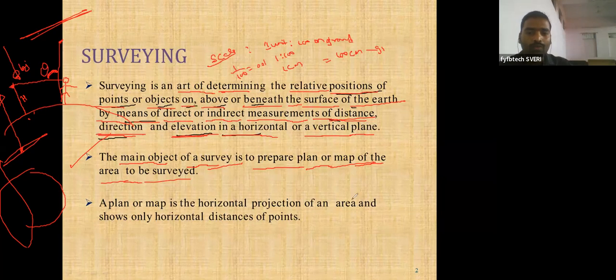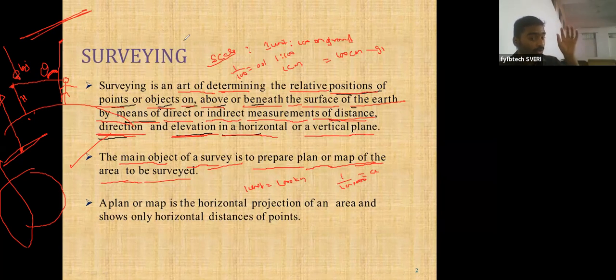In that case, one unit is equal to 1000 kilometers. When you take 1 upon 1000 kilometers, you get many zeros. It is very, very small as compared to the plan. So the scale of the plan is larger, and the scale of the map is smaller. Are you getting the difference?